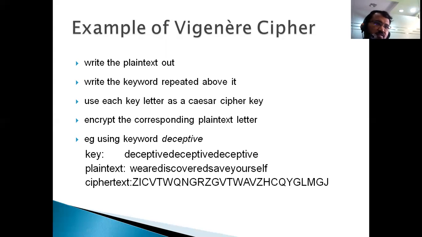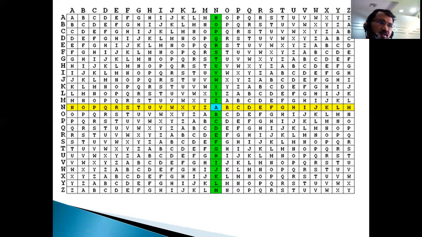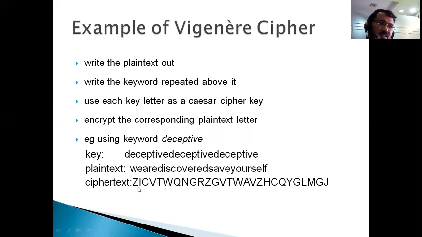Now we look at the key letter D and the plain text letter W. So your key is D and W is the plain text, and the plain text W will be converted into Z. You can observe here it is converted as Z.